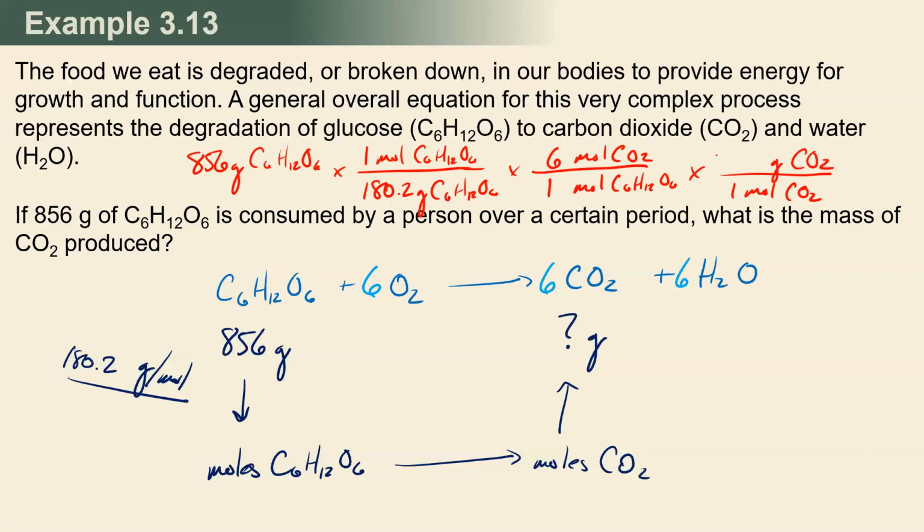It is 44.01. How'd you get the 44.01? That's the molar mass of CO2. So that's just 12.01 from carbon, and then 16 and 16 from the two oxygens. Okay, perfect. Thank you.